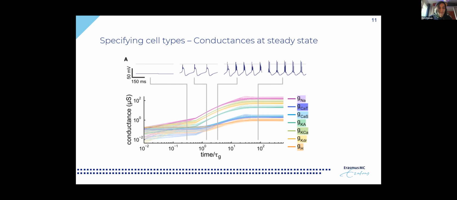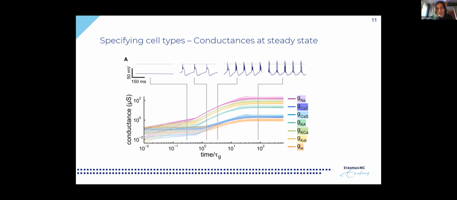So let's zoom out a bit. You can see a graph here with time on the x-axis, and on the y-axis, conductance measured in microsiemens. So we see all the channels that we'll be tracing, and each channel will have 20 simulations.